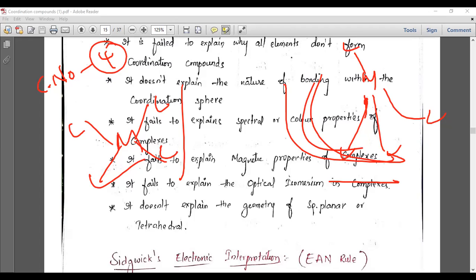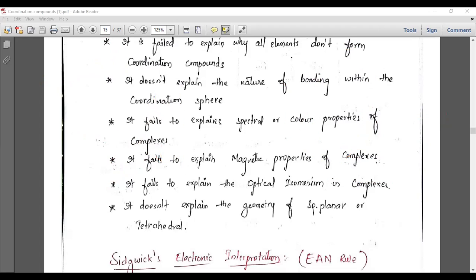He told majorly only these things here, that you should understand.